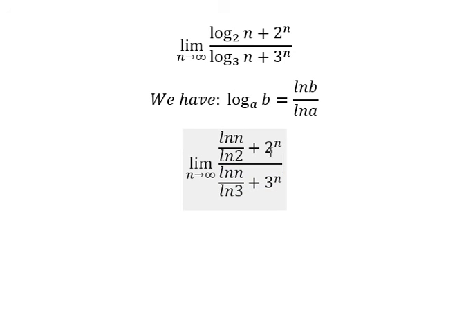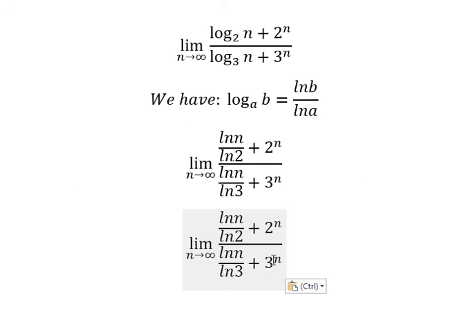Next, when we compare about the base, we see that number 2 is smaller than number 3. So number 3, that is about the highest. Now, we divide by 3 to the power of n on numerator and denominator.